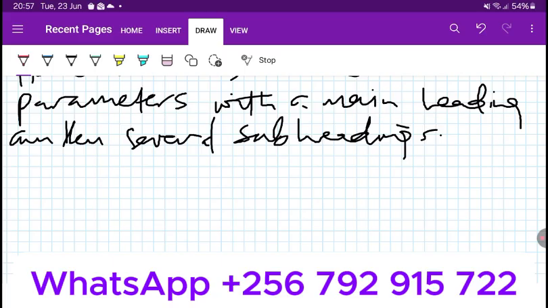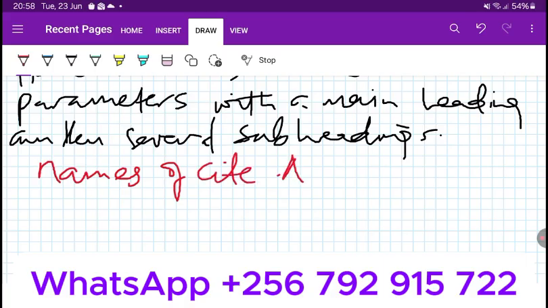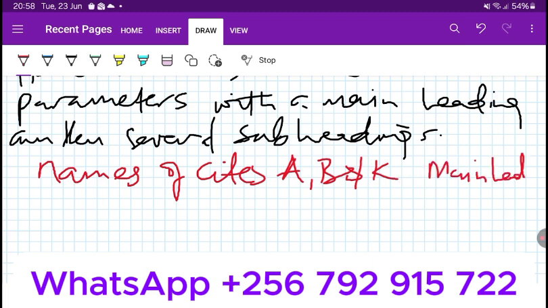Now, in our step 1, the names of the cities, that is cities A, B, and C, would be our main heading, because they are the ones on top of our table.